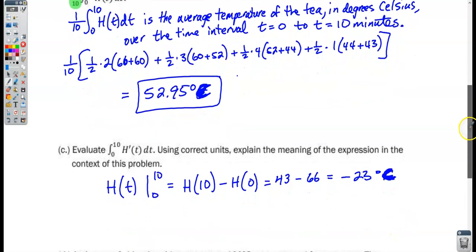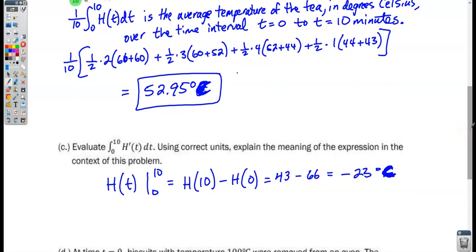Using correct units, explain the meaning of the expression in the context of this problem. This is the integral of the change in temperature.